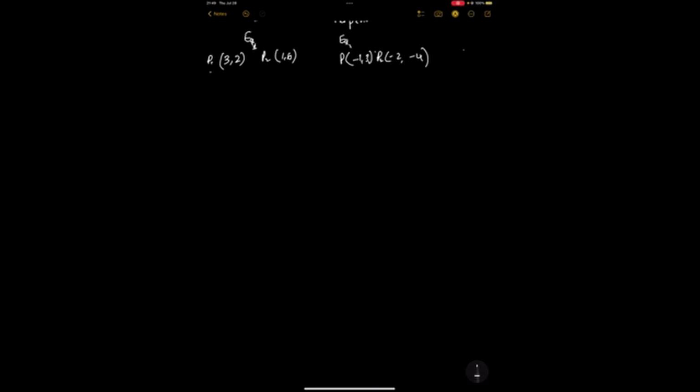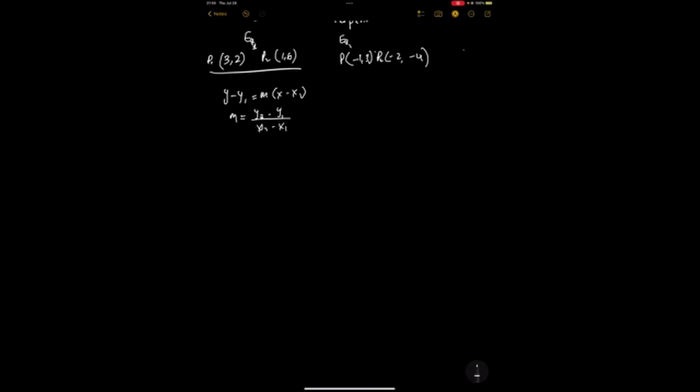So what will be the equation for the first line? Remember, we have y minus y1 equals m times x minus x1. That's for the equation of the line, but you need to find the slope. And the slope is y2 minus y1 over x2 minus x1.